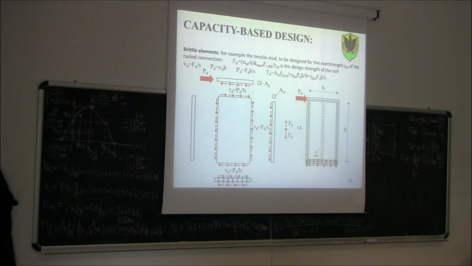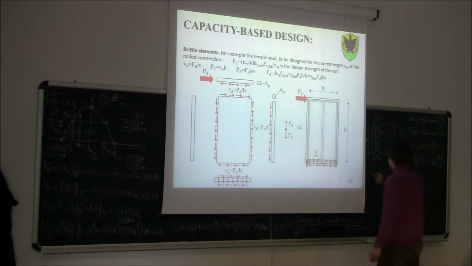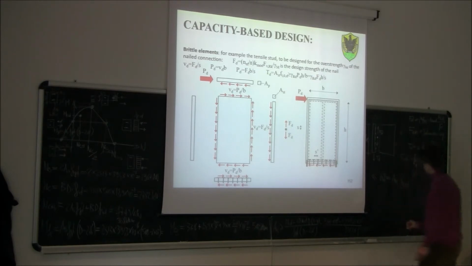Of course, the seismic demand of the stud shall be less than or equal to the resistance of the stud. And the resistance of the stud will be the area of the stud times f_t,0,d, the design strength of the timber stud parallel to the grain.